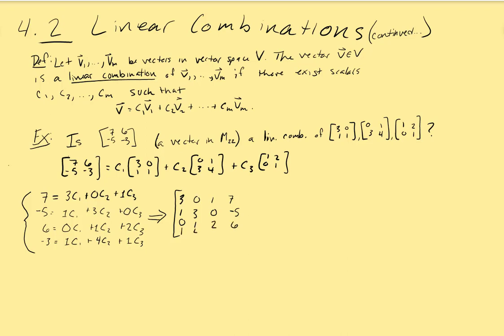That's the augmented matrix we get. And again, we just want to solve this by reducing this down to a point where we think we could easily unpack it and solve the system.